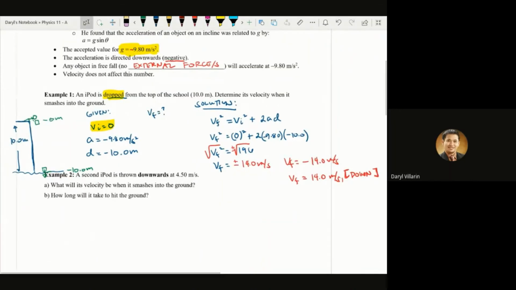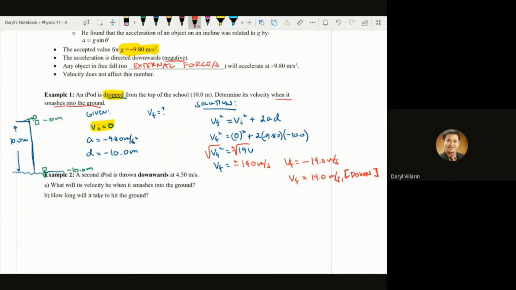Even though I have two roots from the equation that I have, for this particular situation, obviously it is before it hits the ground. And one more thing that I want to emphasize: for this type of question, take this one as just before it hits the ground.